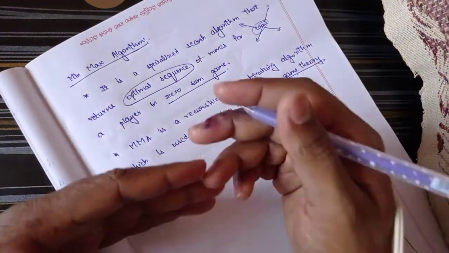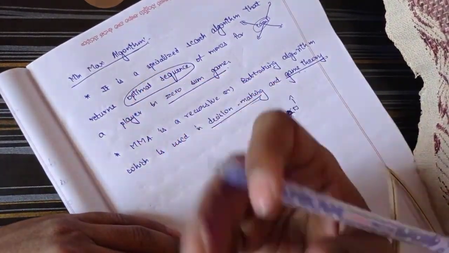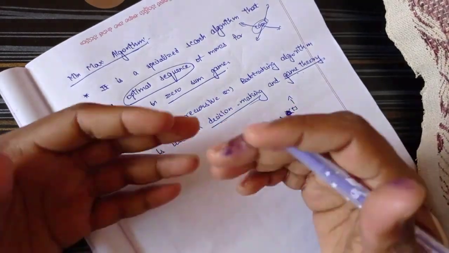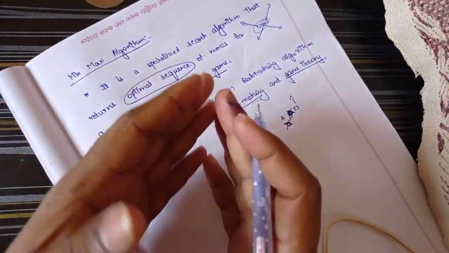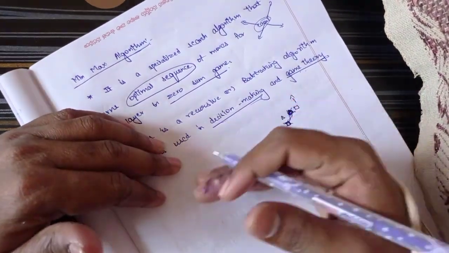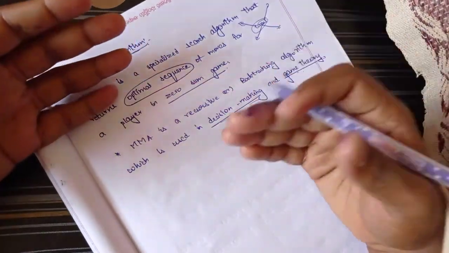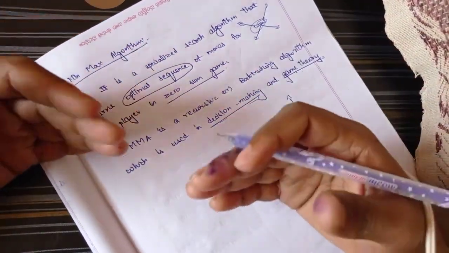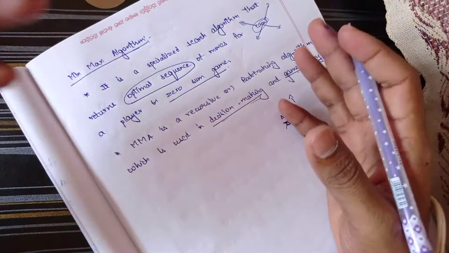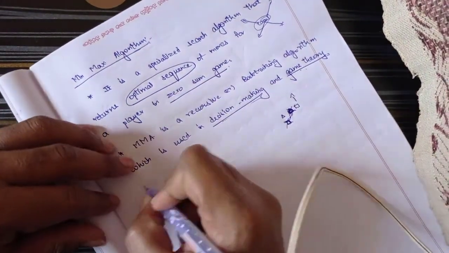So why do we need to take these recursive steps? Because it provides an optimal move for a player, assuming that the opponent is also playing optimally. For example, when you are playing a chess game, you will be thinking in your mind whether I should place the coin here or whether I should place the coin here. If I place the coin here, what will happen, and later when I take a step back, what will happen. So you will be trying to find different chances to get the required output.